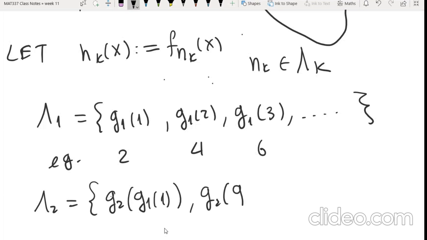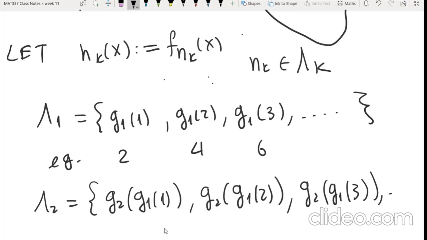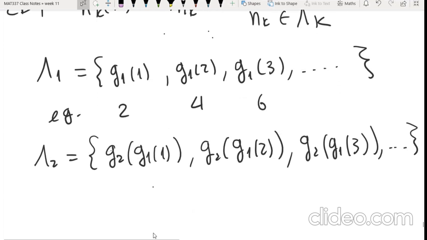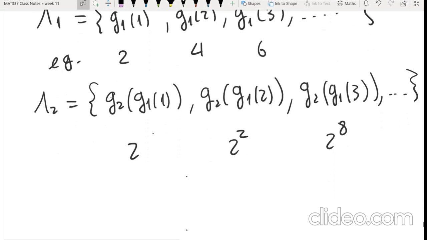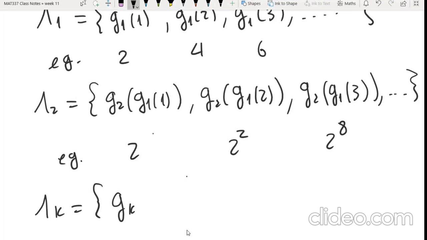That's another way to work with subsequences. Now, these aren't just even. These are like 2 and then 2 to the 2 and then 2 to the 8. So I'm trying to give you as many perspectives as possible. So then lambda k is G_k composed with G_{k-1} down to G1.